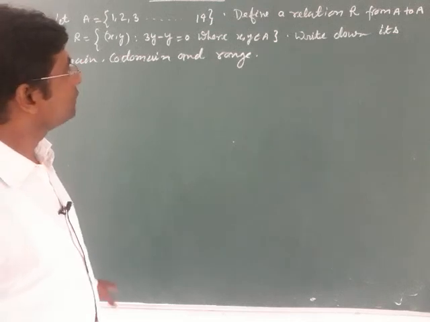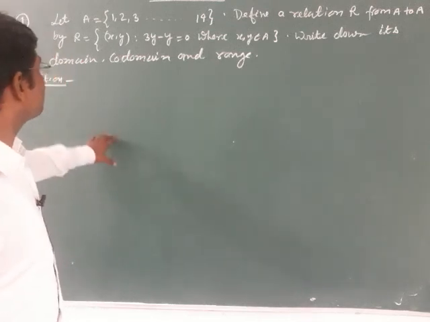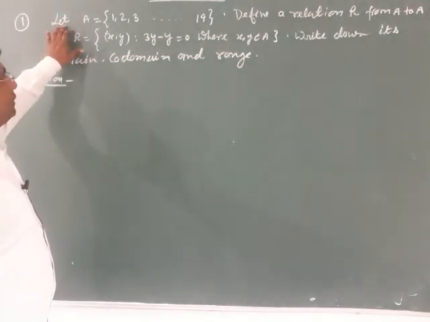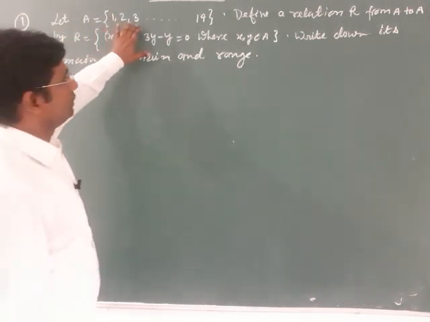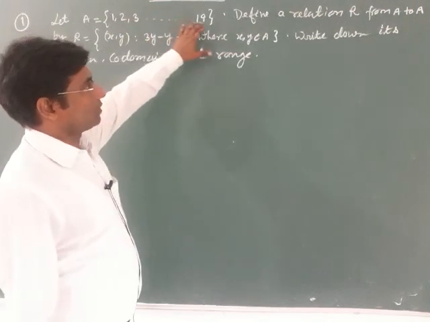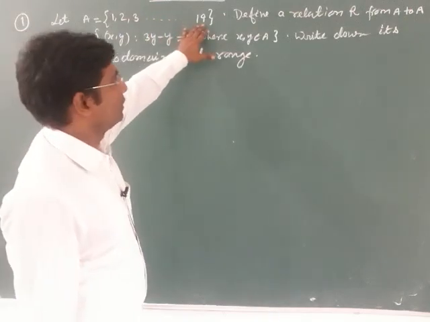Today I will solve exercise 2.2, relation and function. Question number 1. Let A be the set of elements 1, 2, 3, up to 14.